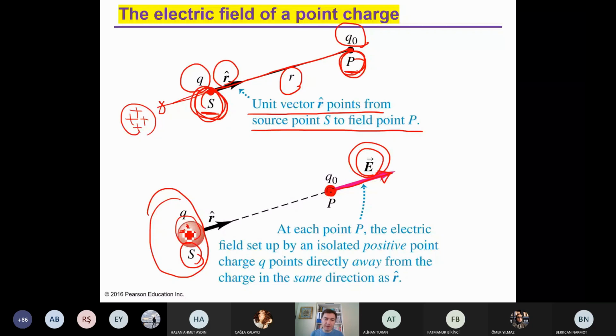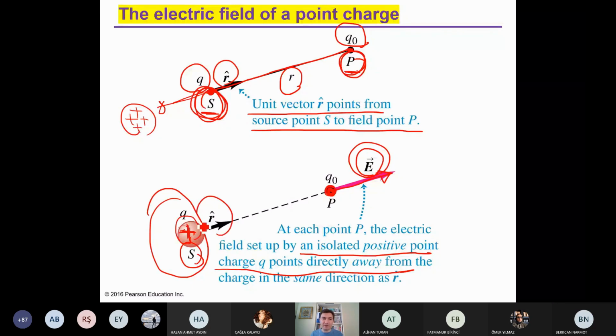Okay, and here we have the definition. An isolated positive point charge Q produces an electric field that points directly away from the charge, in the same direction as this unit vector.